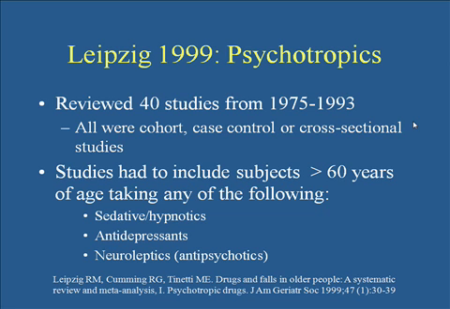The criteria for studies to be included in this group was subjects had to be over 60 years of age and taking one or more of the following classes of meds. And they included sedative hypnotics, antidepressants, neuroleptics. And that was a term that they used for antipsychotics.